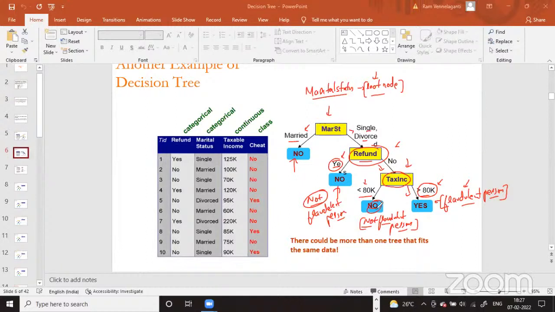So here, what is my root node? My root node is marital status. Root node, you can also call it your most important feature in your data set.